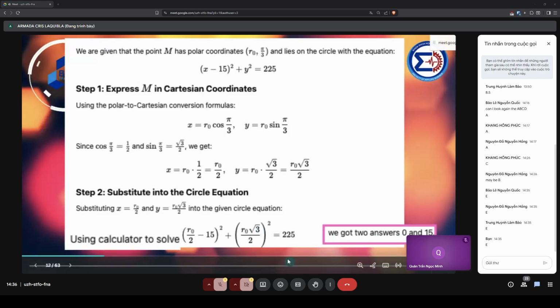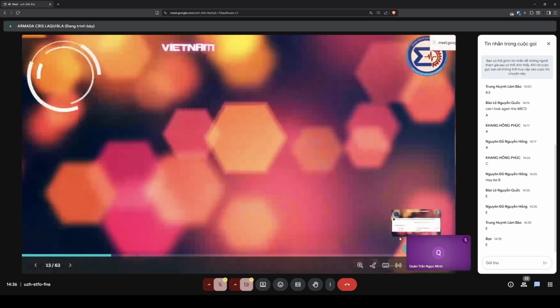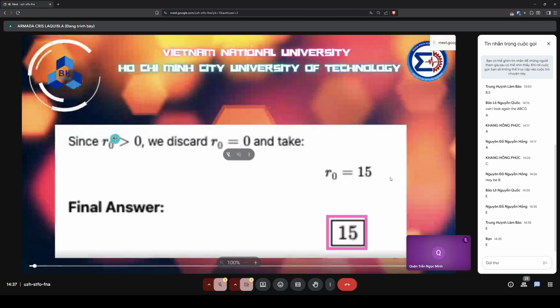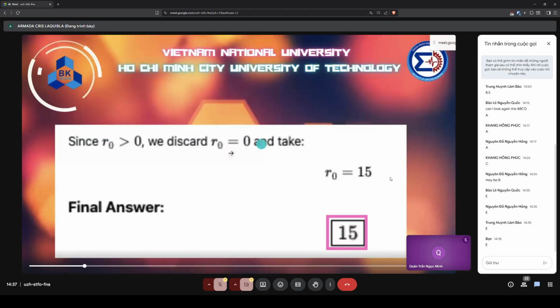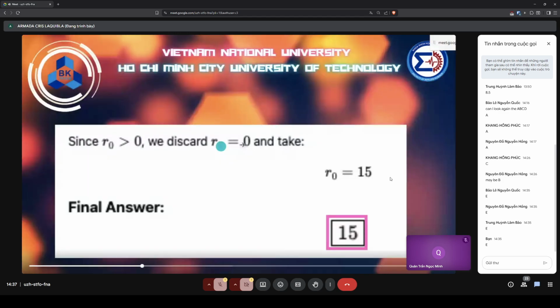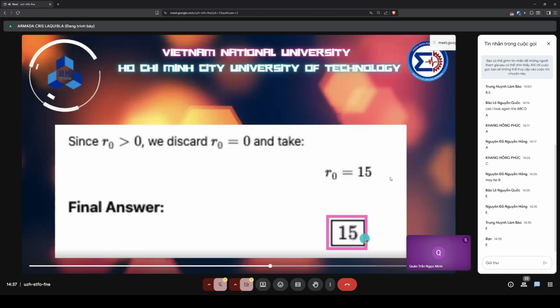And then your X will give you two values, the 0 and 15 there. And now, since your R sub 0 is greater than 0, we have to disregard R sub 0 is equal to 0 because that doesn't make sense. It's the measurement of the radius and it's 0. So we had to pick the R sub 0 which is equal to 15. So we have 15 as an answer, letter E.